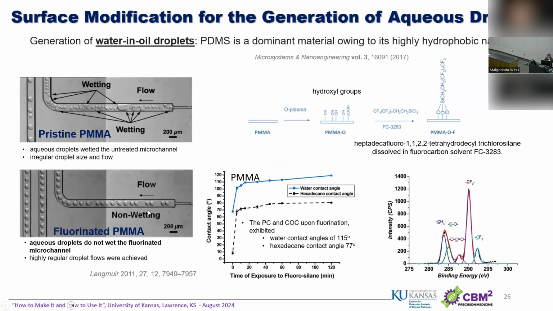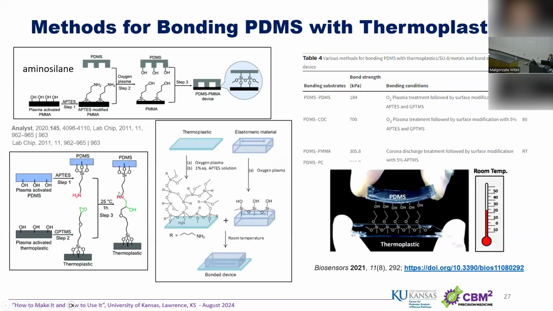So yes, you can create a surface in a thermoplastic that's non-wetting, and you can create beautiful, uniform-size water-in-oil droplets.